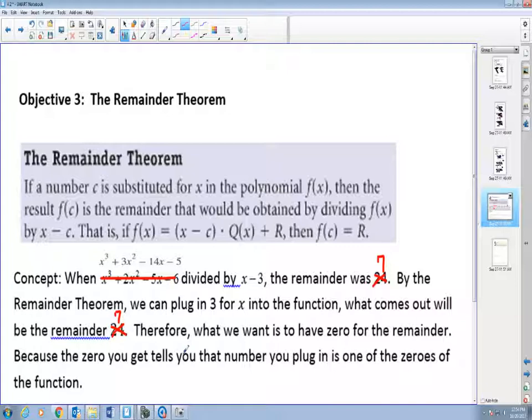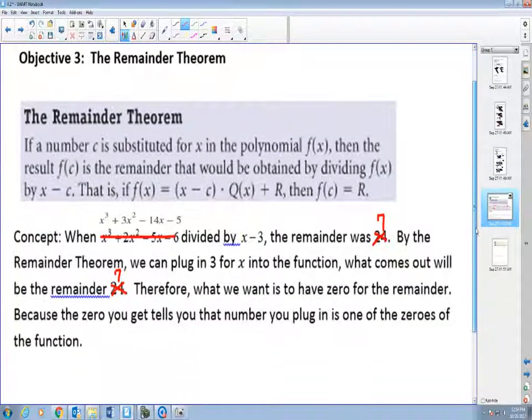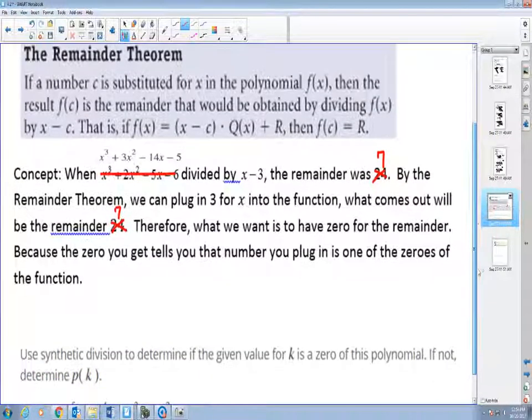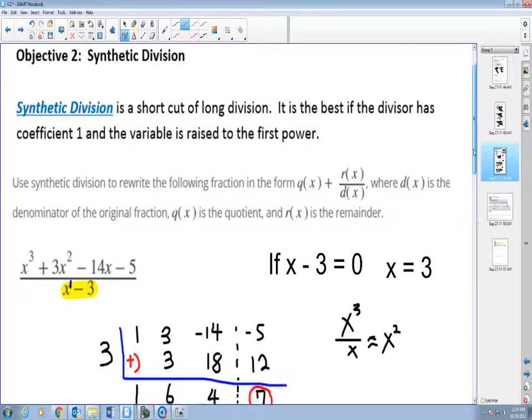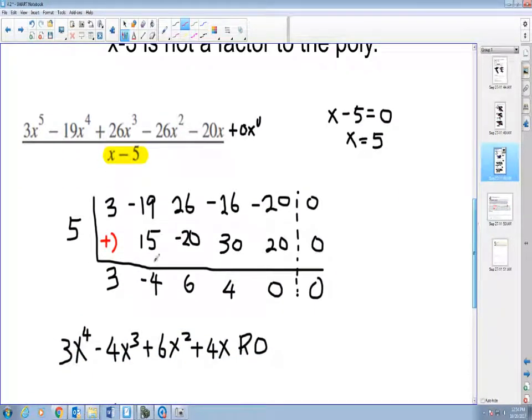I began to mention the remainder theorem last time in the last lecture video.